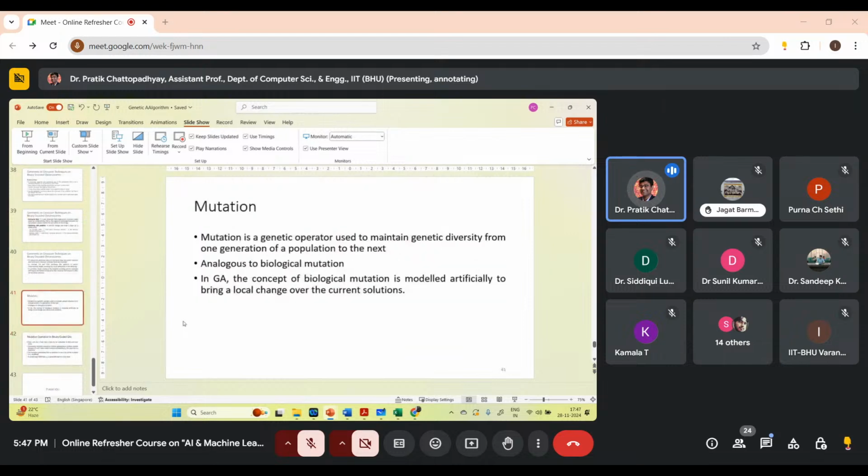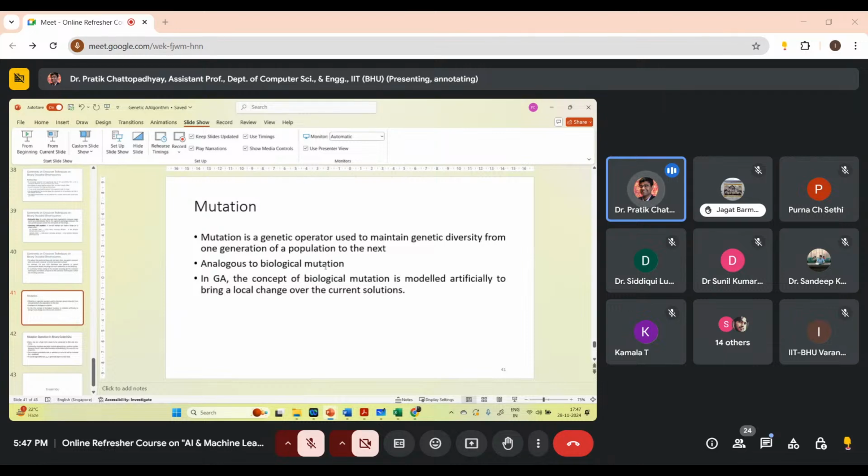So the next reproduction operator is called mutation. As we heard a lot during COVID times, some virus is getting mutated very frequently and getting new variants, which makes it difficult to find the right medicine to tackle the newly mutated virus.